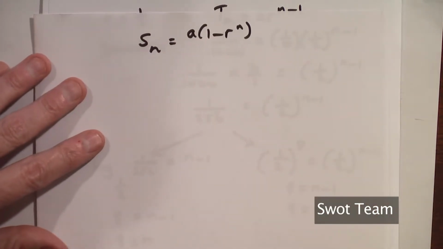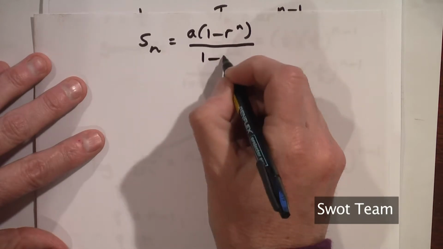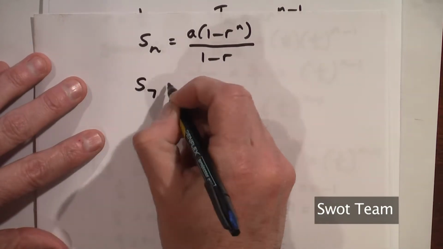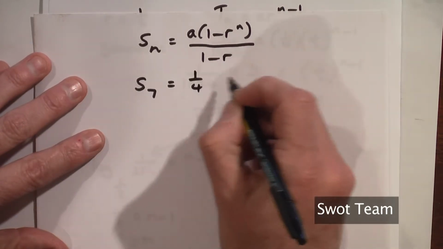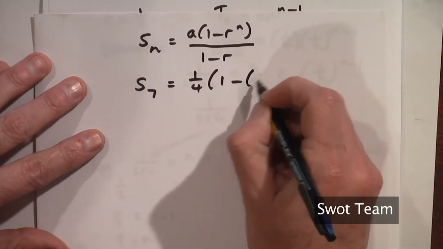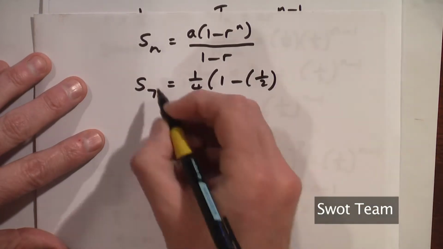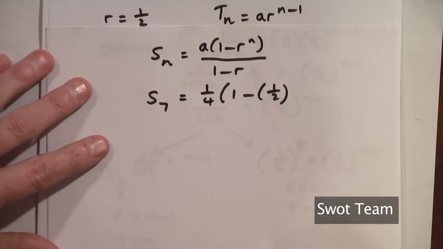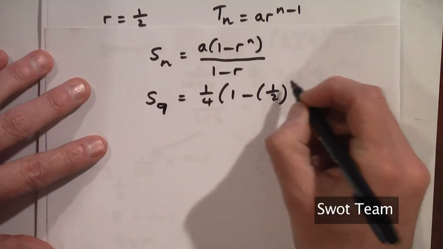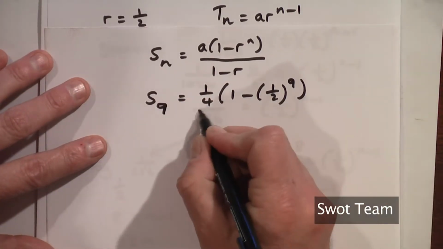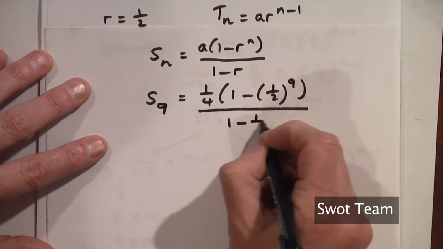I'll bring that up there so you can see better. The sum of the first 9 terms is a quarter into 1 minus a half to the, and of course that n should be 9, okay, there we go, 9, and that's 9 there, all over 1 minus a half.